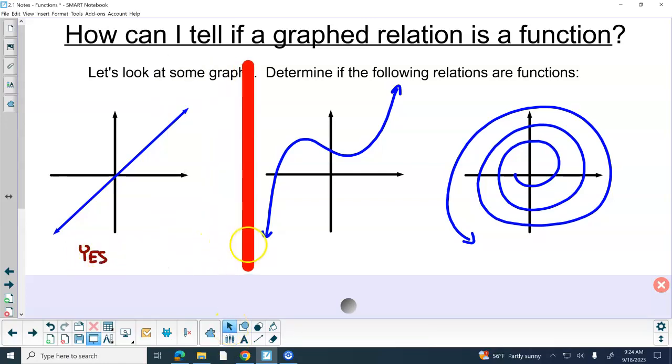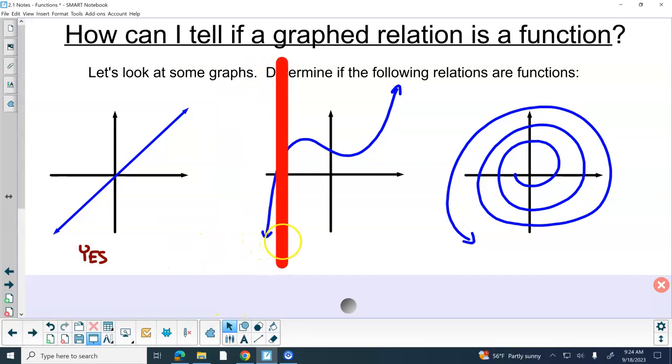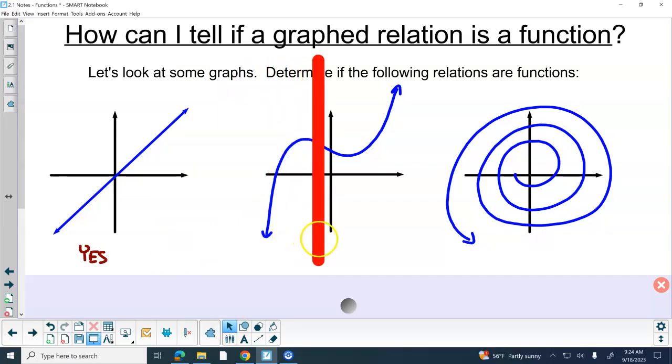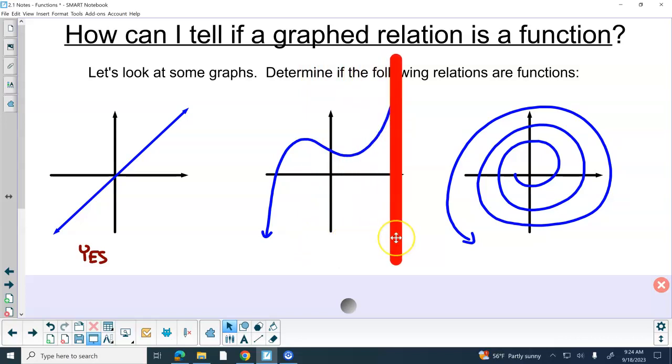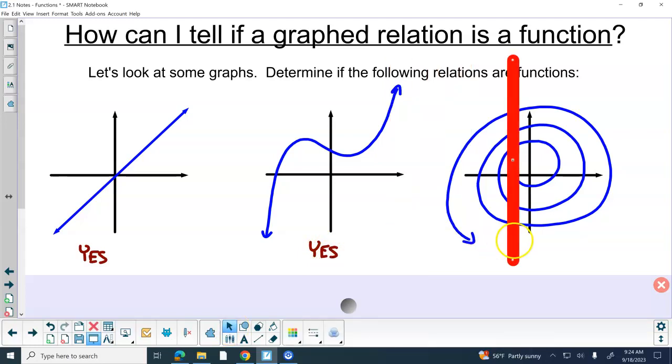Middle one, function. I would say yes. Yeah? I would say yes there. Right one, function. I would say definitely no, because right there it's touching 6 spots.